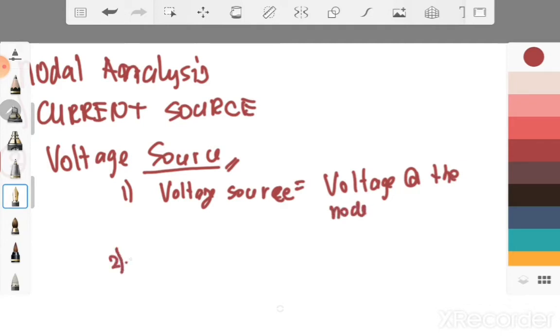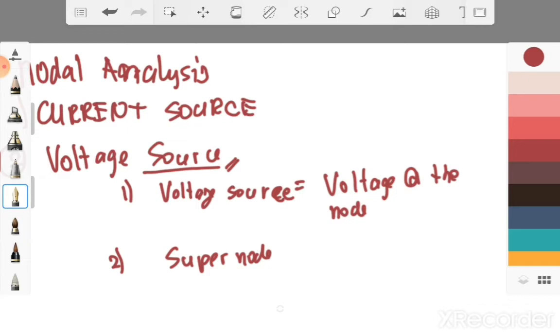And second is your supernode, wherein hindi lang KCL yung gagamitin natin. Because when you have a supernode, you will also use a KVL. Because if your voltage can be found in the two terminals of a circuit wherein it is not connected to your ground, therefore, we may say that that supernode can be used as one node.